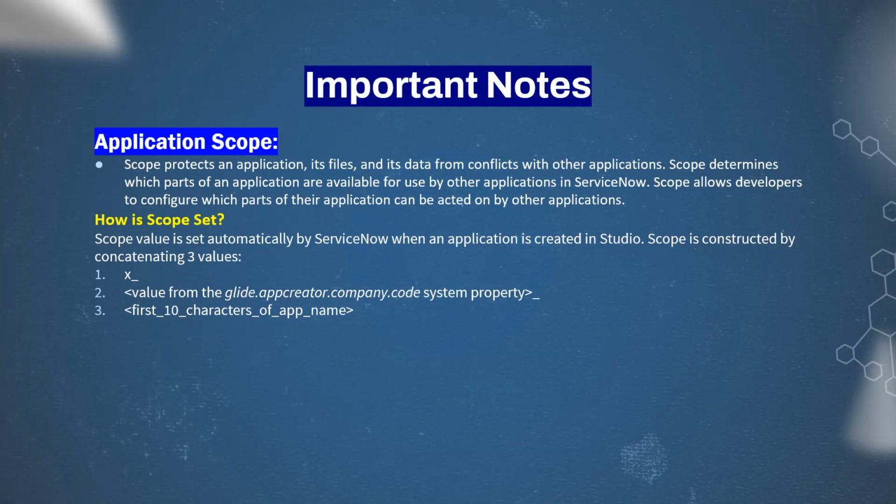Whenever you create any field, it will start with u underscore. And if you create any scoped application, then it will start with x underscore. Correct? And the rest of the details are in front of you.